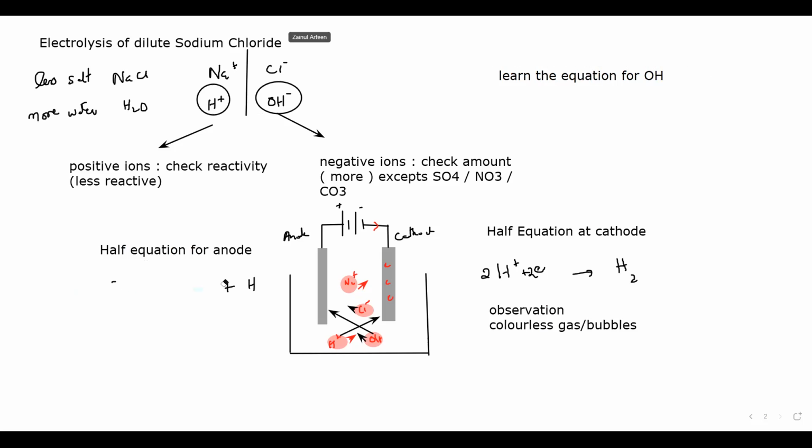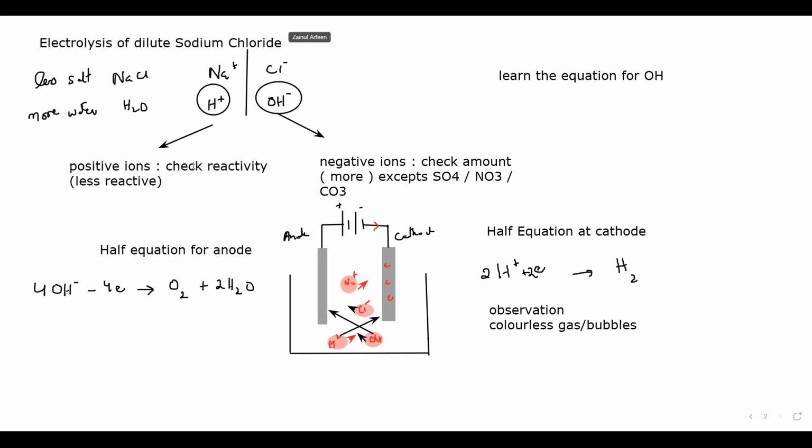So what will be the equation for OH? The overall equation for OH, you have to learn or memorize: when four hydroxide ions are there, they will lose four electrons and produce one oxygen molecule and two water molecules. This is the fixed equation which you have to learn for hydroxide ions.